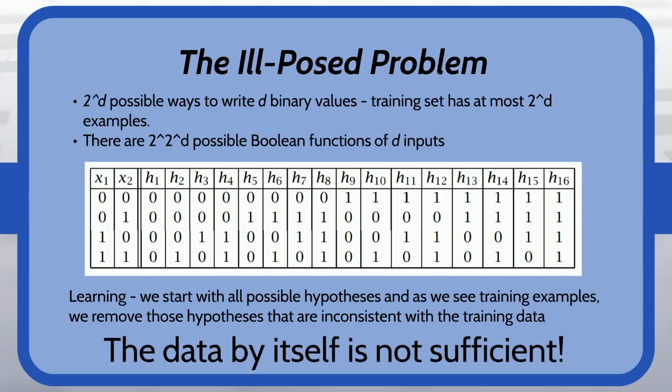The data by itself is not sufficient to find a hypothesis, because we would have to see every individual possible point to find a unique solution. This is the ill-posed problem, and it applies to classification problems and regression problems as well. It doesn't just apply to Boolean functions. In order to find a unique hypothesis, we would have to know every possible value.